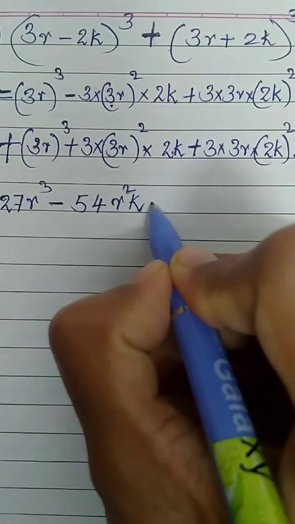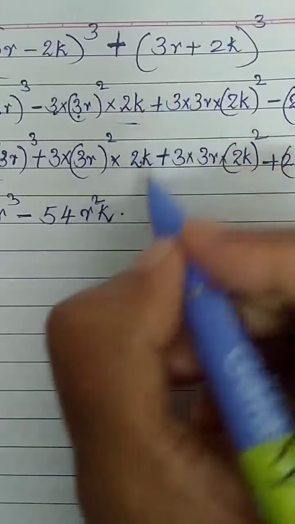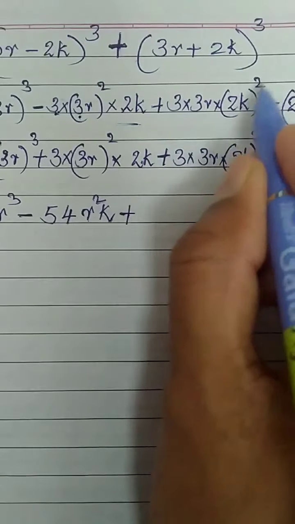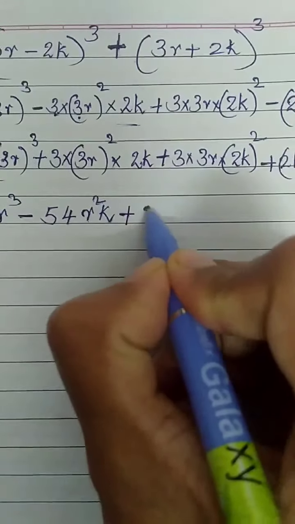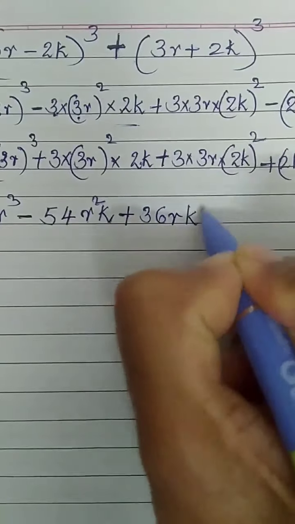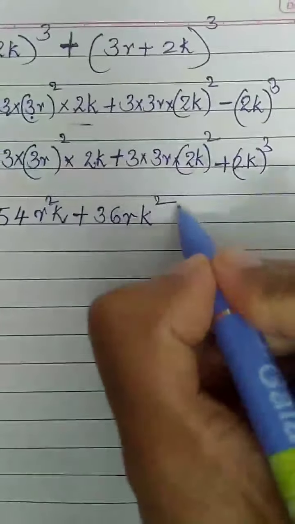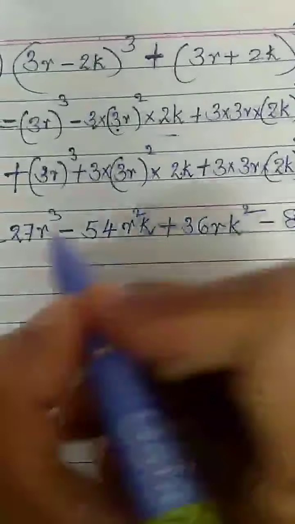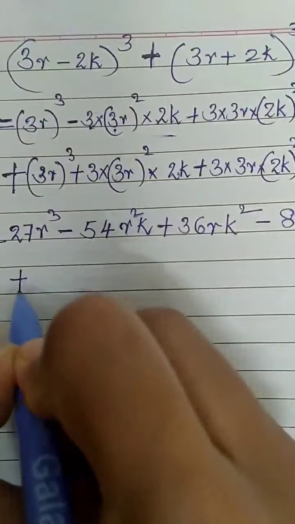Then plus sign. 3 3 are 9. 2 2 are 4. 9 4 are 36. R k square minus 8k cube. Then we have plus sign. This sign I put.